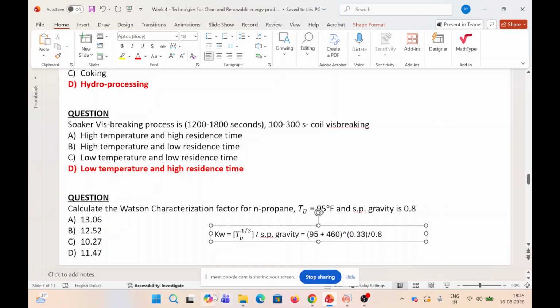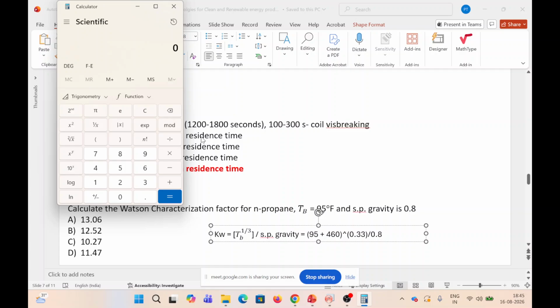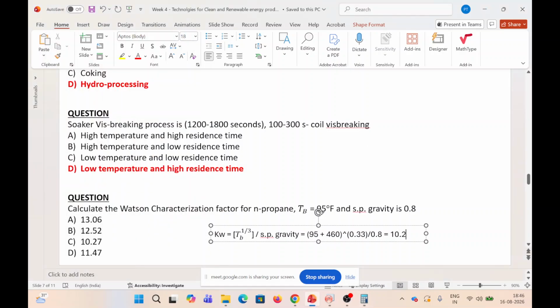Let me do that as well. That would be approximately 10.27. Option C.